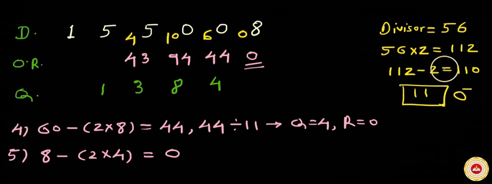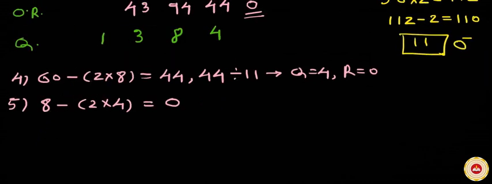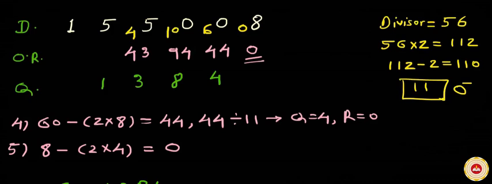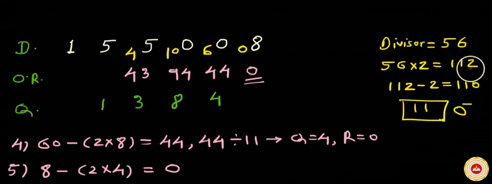Now let us calculate the quotient. Let us write these quotient digits 1, 3, 8 and 4. But friends, 1384 is the quotient for 112 and not for 56. To calculate the quotient for 56, we will have to multiply 1384 by this 2.